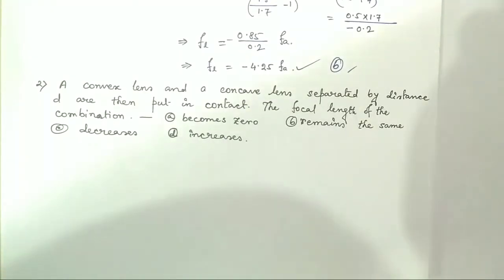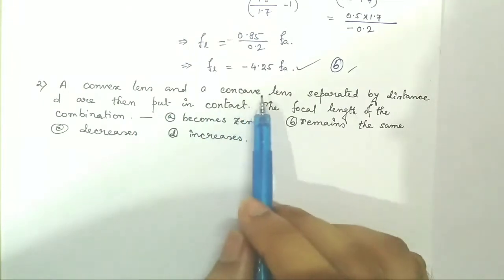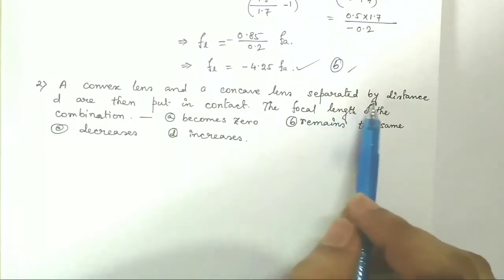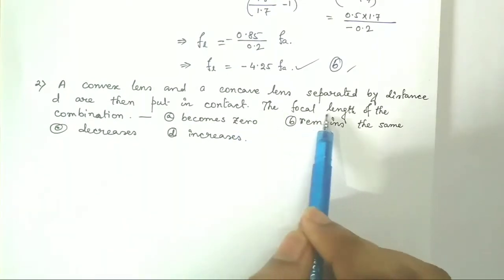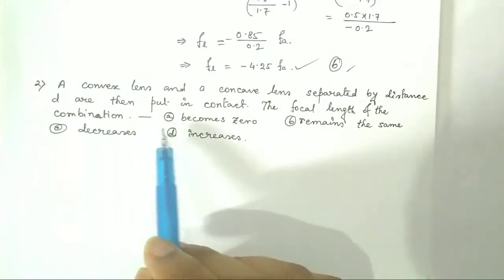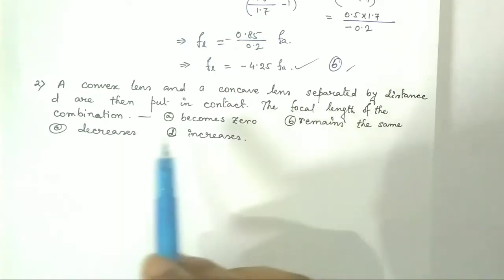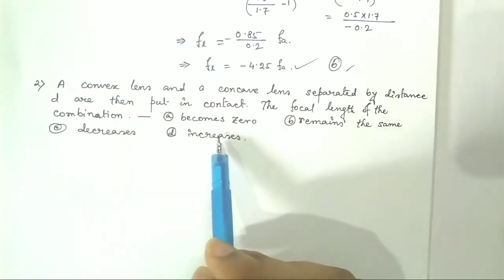Question number 2. A convex lens and a concave lens separated by distance d are then put in contact. The focal length of the combination becomes 0, remains the same, decreases or increases.